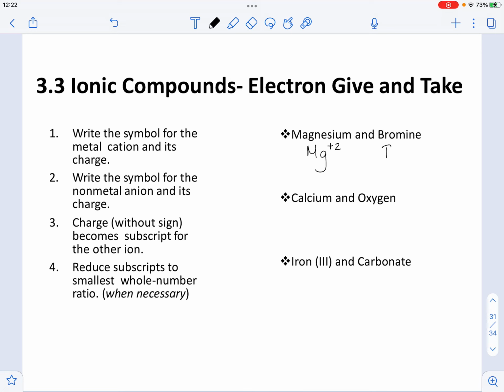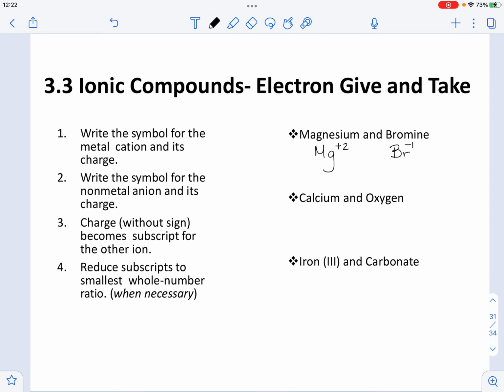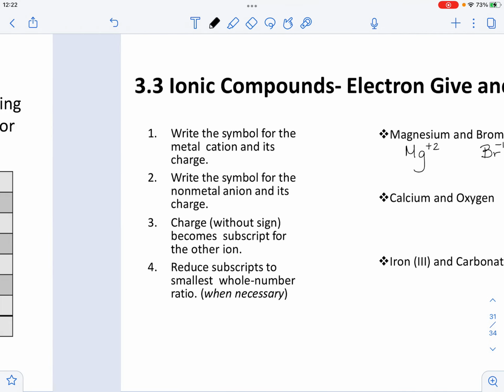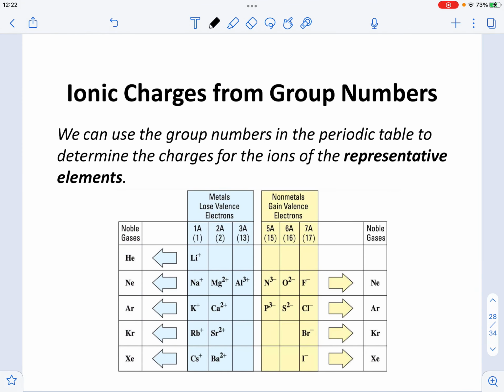Bromine has a charge of -1. If you need to review, how do I know these charges? Remember that these are representative elements. And in this chart, it is illustrated that depending on your group number, what's going to be the charge for that element.